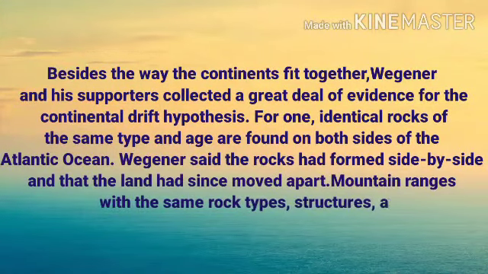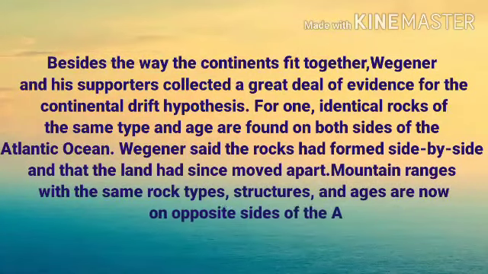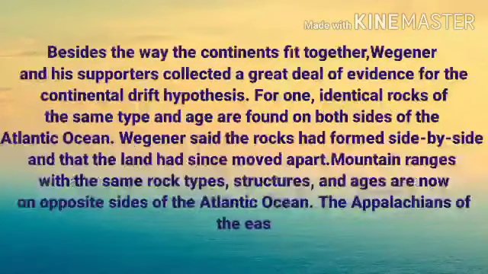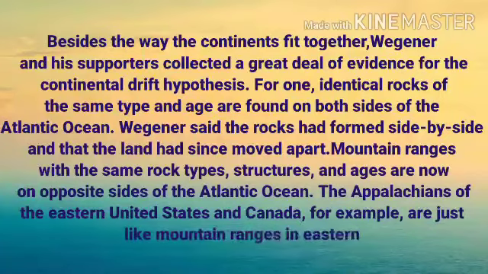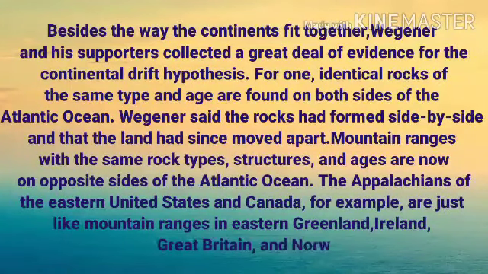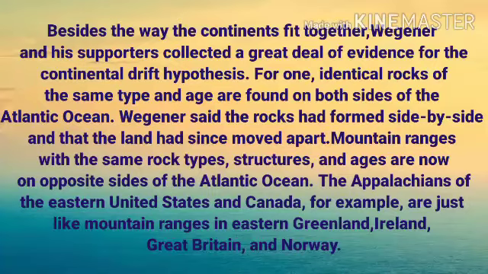The earliest marine deposits along the coastline of South America and Africa are of the Jurassic age, but they are now on opposite sides of the Atlantic Ocean. The Appalachians of the eastern United States and Canada, for example, are just like mountain ranges in eastern Greenland, Ireland, Great Britain, and Norway.